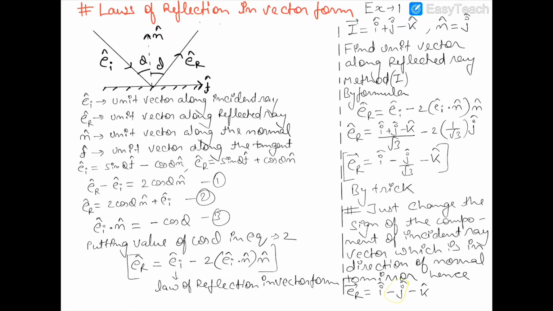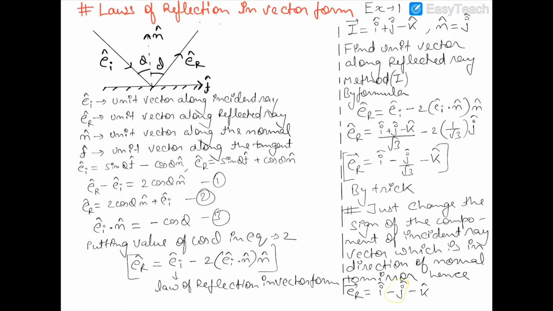The dot product gives us a scalar quantity, which is multiplied with a unit vector. This equation, er cap equals ei cap minus 2 ei cap dot n cap into n cap, is the vector form of the laws of reflection.